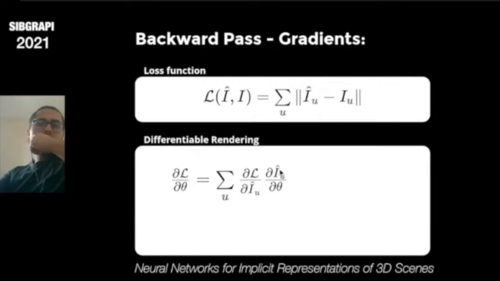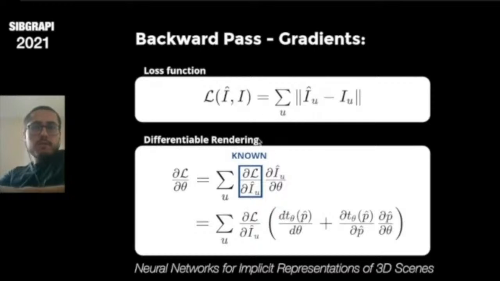This is already known, it's from the loss function itself. Now we're going to rewrite this with respect to the texture map, so I U is the texture map applied at P hat.